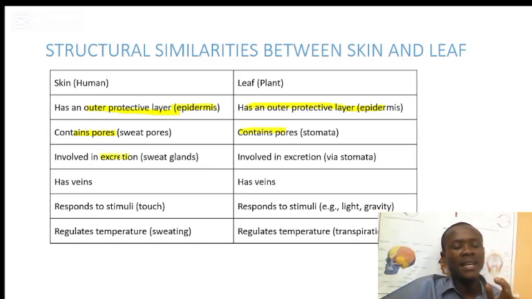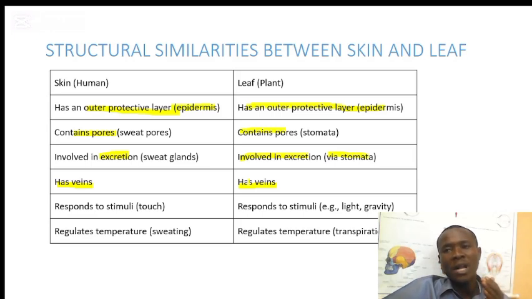The skin is involved in excretion. In the skin, we have sweat glands that produce sweat. And the leaf is also involved in excretion, in which it takes out oxygen, the byproduct of photosynthesis, through the stomata. The skin has veins. The leaf also has veins.